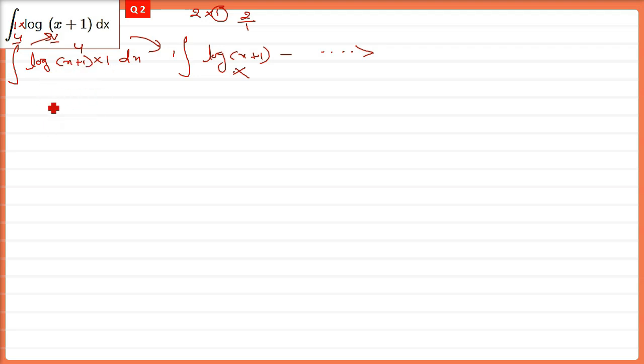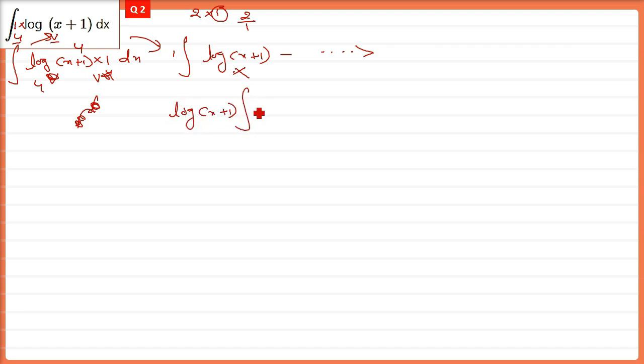Now let's use the formula. I'll write the formula now, and then whenever it is required, to brush up things and to feed that formula into your mind. So to start with, we are taking the first function, that is the log x plus 1, as u. So this has to be taken outside, log x plus 1.